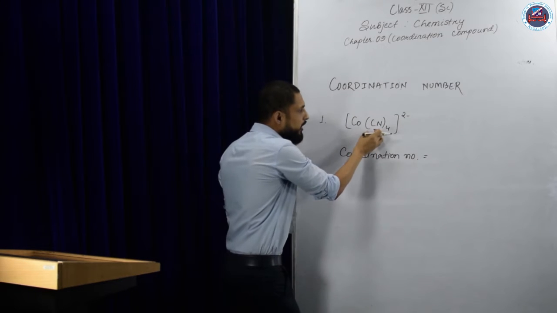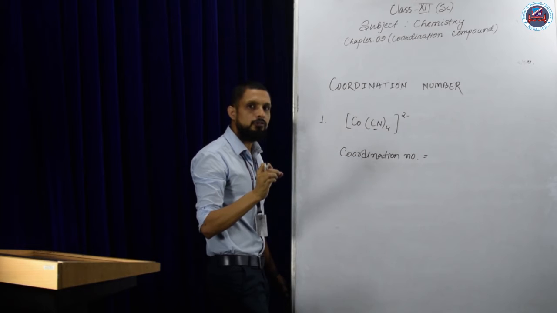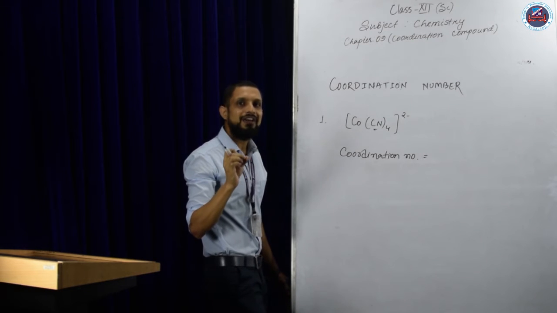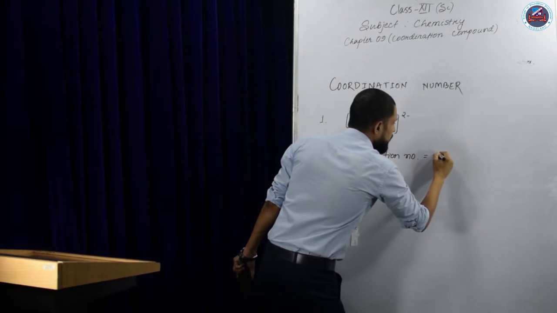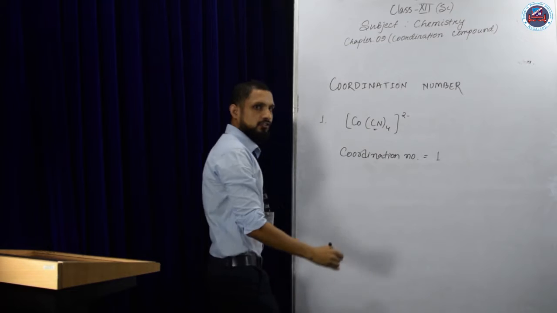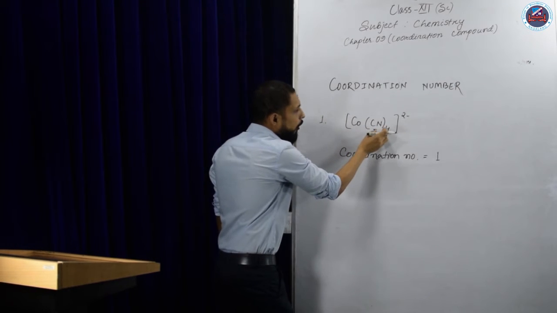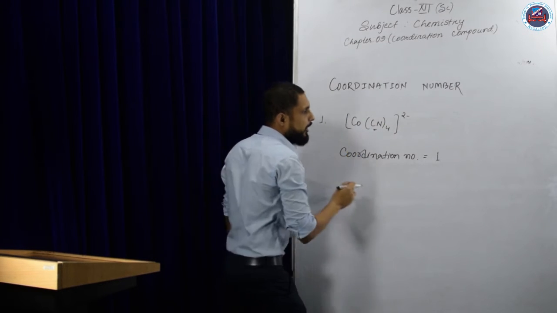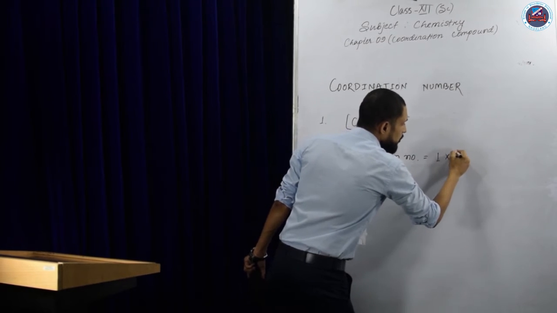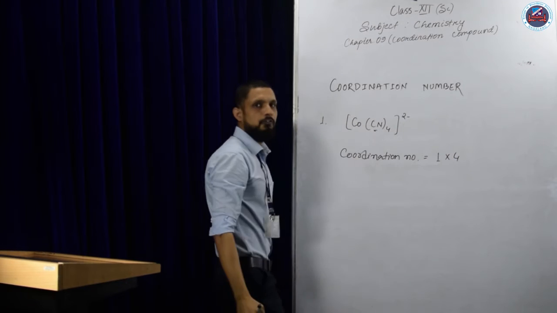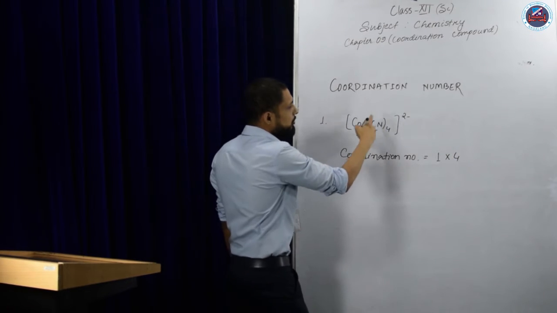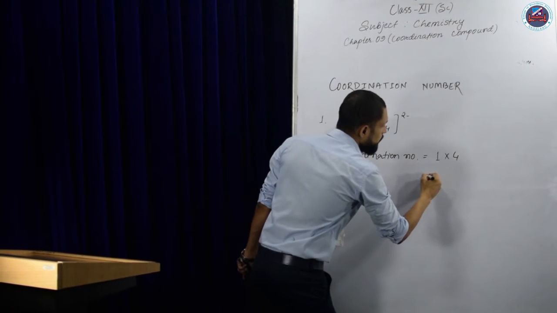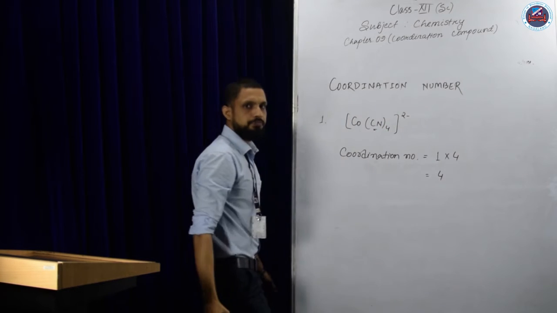So each CN will contribute 1 to the coordination number. So we'll write here 1. Now you can see here we have 4 CN. So 4 CN will contribute 1 multiplied by 4. So the coordination number of this compound is equal to 4.